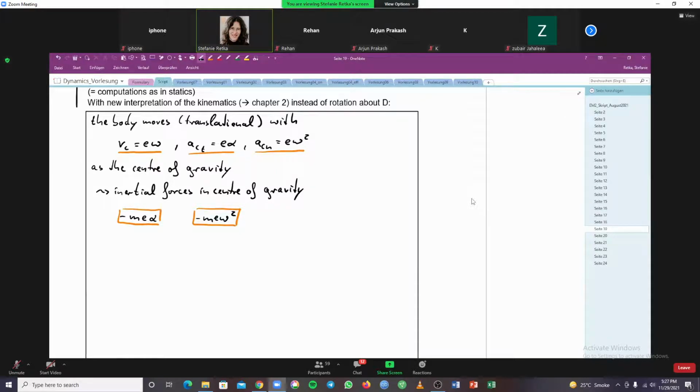And additional to the translational component of the moment, our object rotates about the center of gravity.